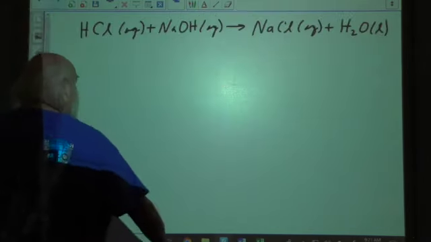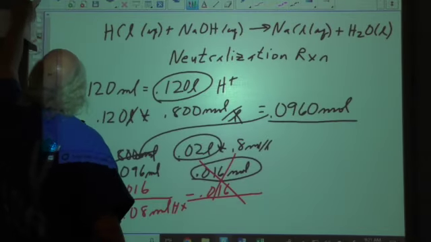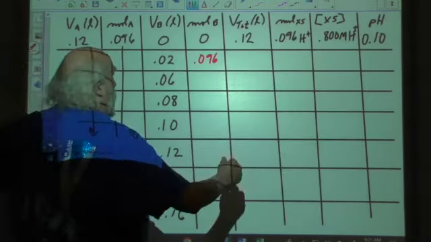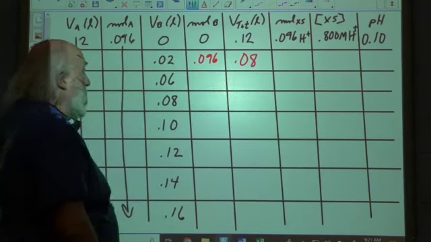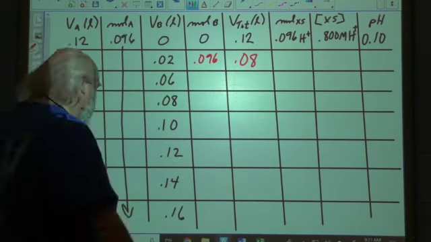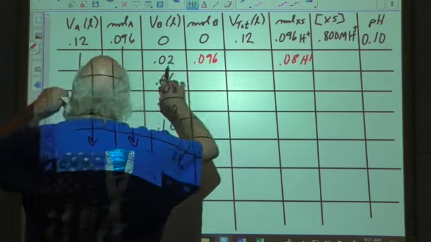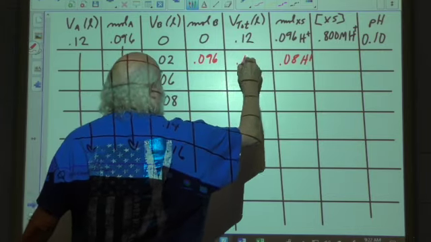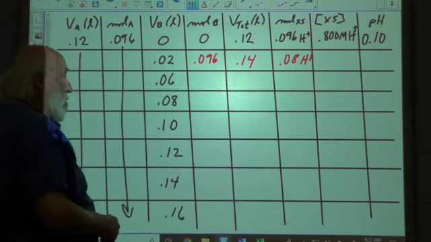So, I'm going to put 0.08. Okay? Now, the moles, I'm sorry, that's the moles of excess of H positive. Now, the total volume is 0.12 plus 0.02, which is 0.14 liters of the total volume.